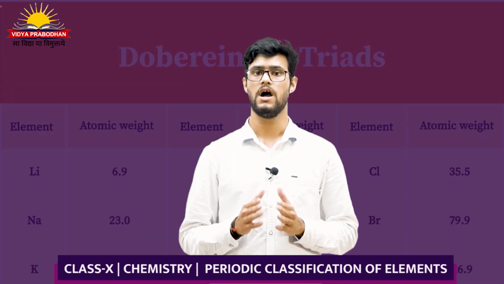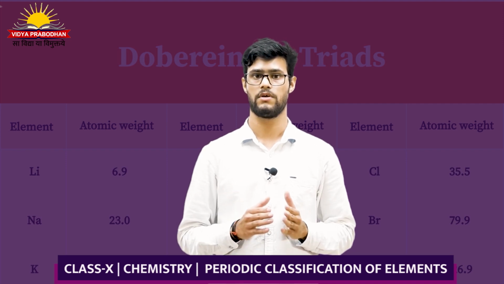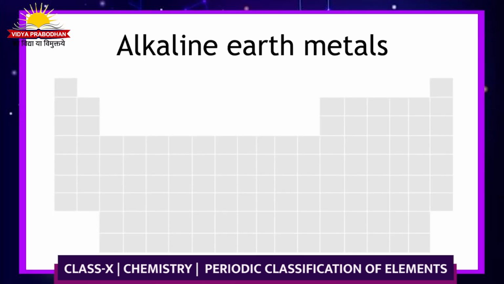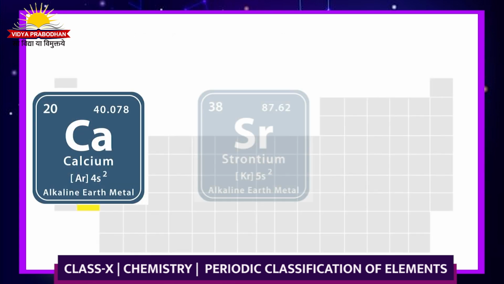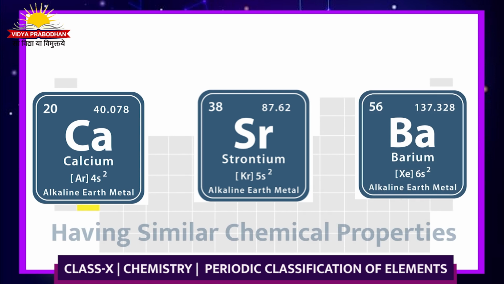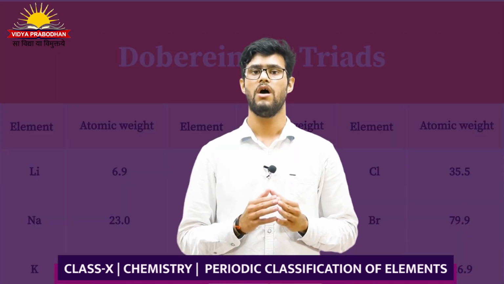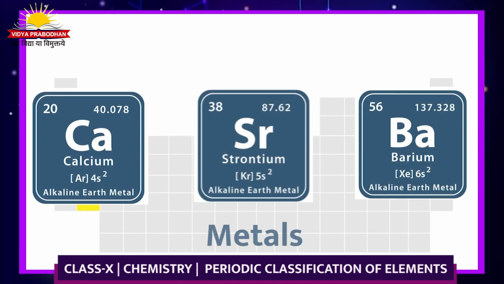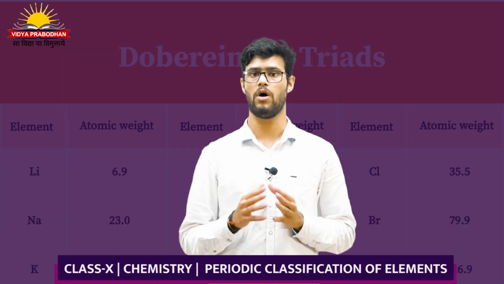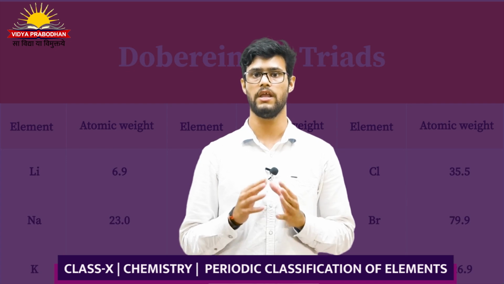Second is the alkaline earth metal group. The elements calcium, strontium and barium have similar chemical properties and form a triad. For example, all these elements are metals. The oxides of all of them are alkaline in nature.